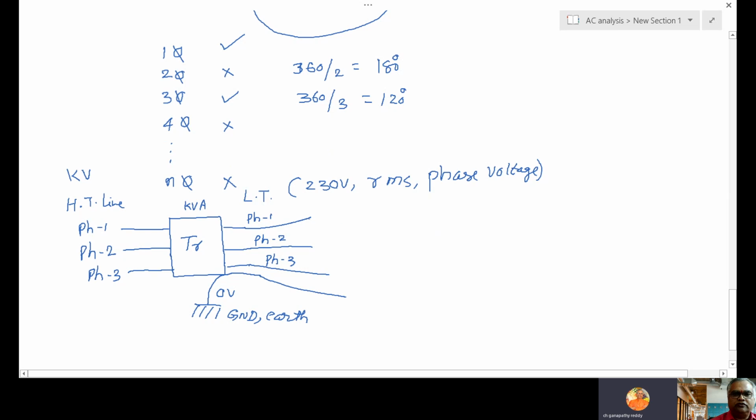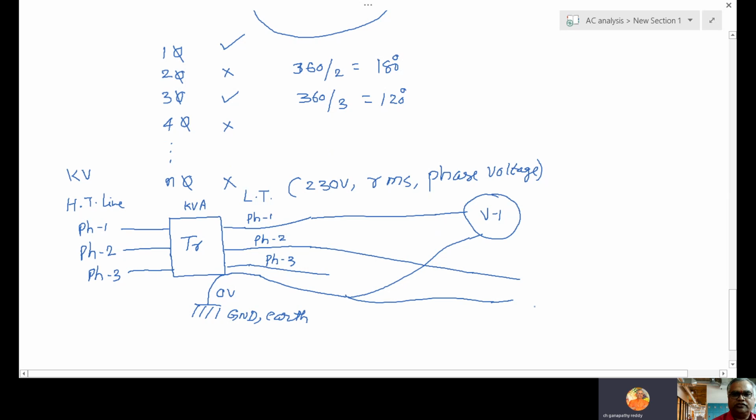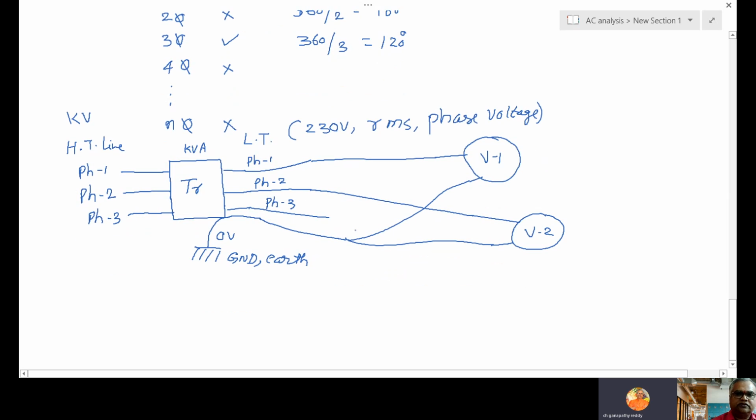And how is this distributed? This phase and this ground are given to one village or colony, village 1. Whereas phase 2 and this neutral wire are distributed to another village, V2. Like this, phase 3 and this neutral are distributed to village 3.